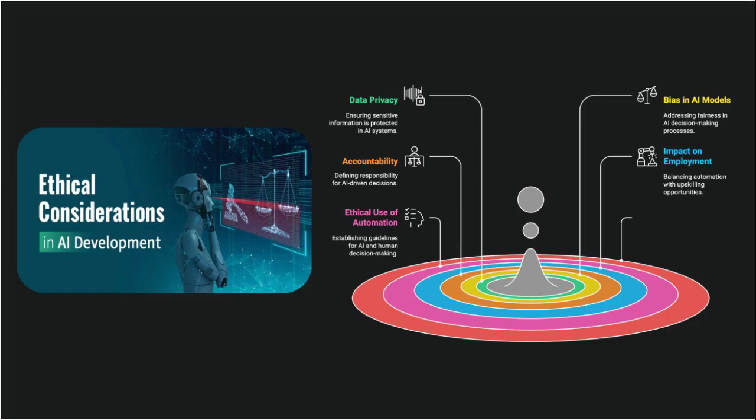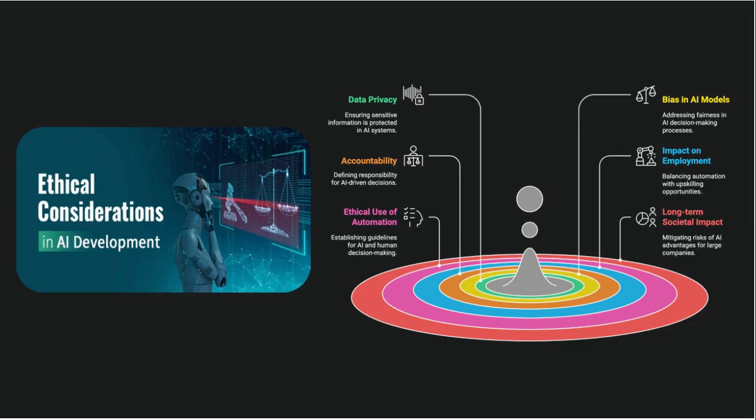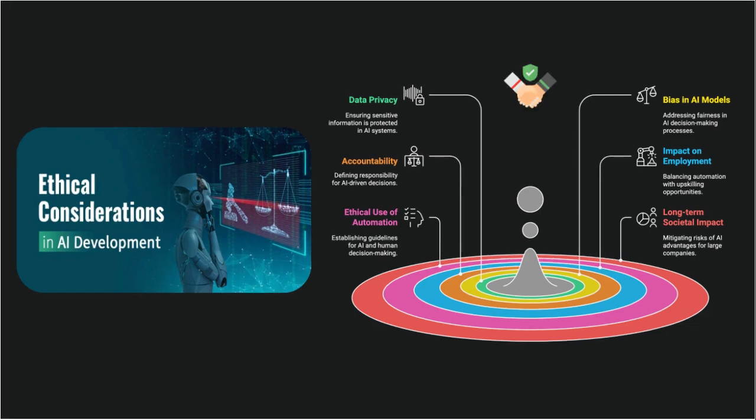Establish clear guidelines on which decisions should involve AI and which need human oversight. 6. Long-term societal impact. Large companies may gain AI advantages, leaving smaller businesses at risk of falling behind. Addressing these concerns is crucial for building trustworthy and responsible AI-driven IT systems.